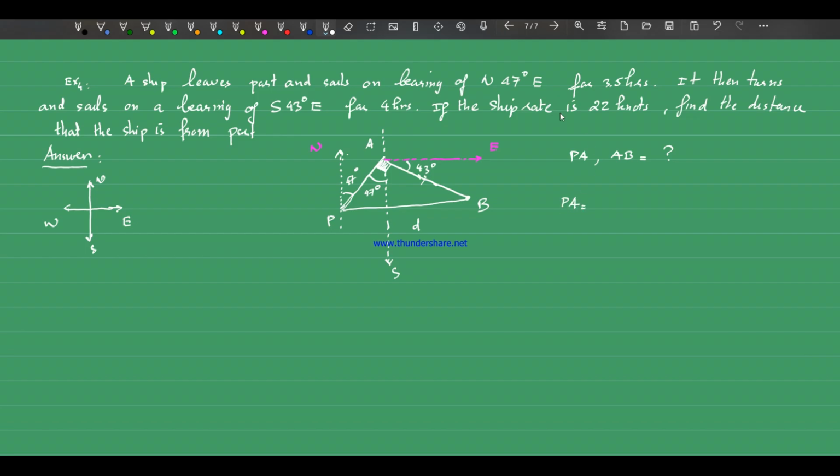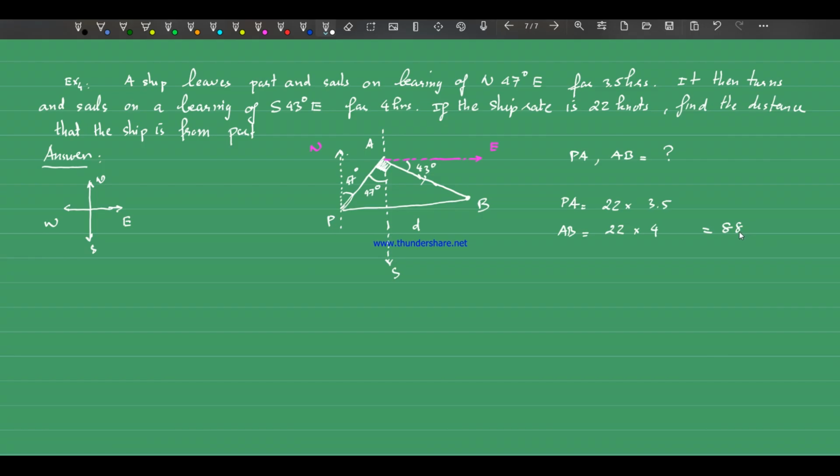D equals RT. R is this 22, T is 3.5. And AB is the R times 4. Okay, what do we get? We get 88. What's the distance over here?